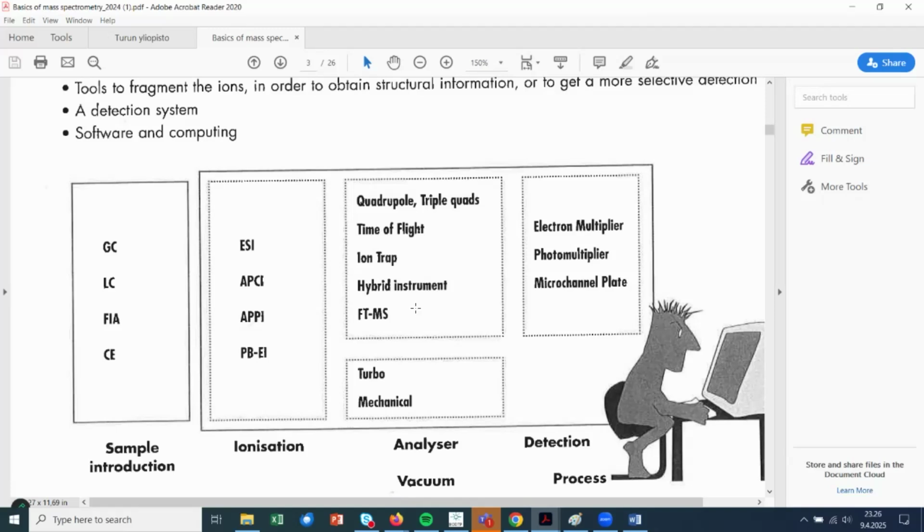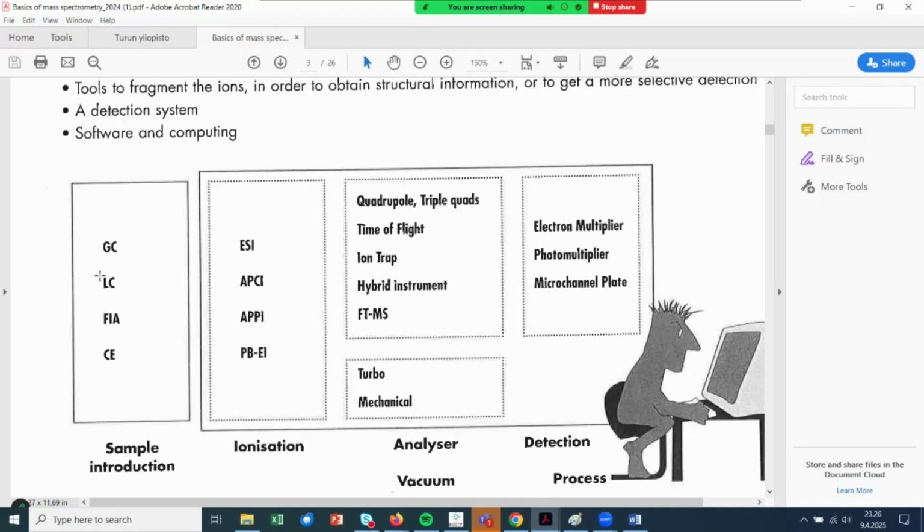And before the ionization, which is shown here, we also need to introduce the sample into the mass spectrometer. As I said in my examples, very often the first step is the chromatographic step. So we chromatographically separate different components, and after that analyze them with the mass spectrometer.